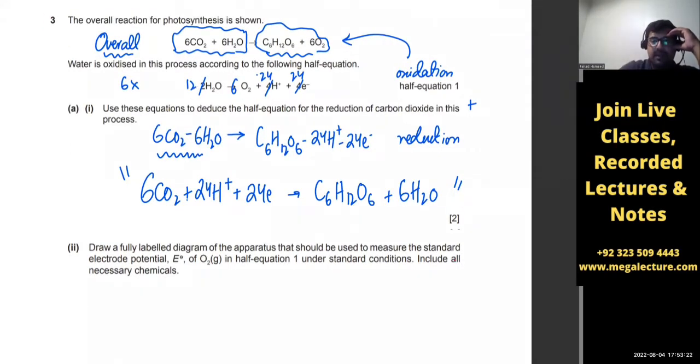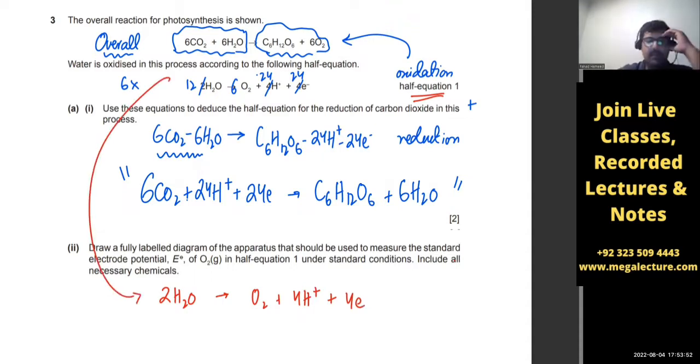Let me rewrite this equation: 2H2O forms O2 plus 4H+ plus 4 electrons. So that's our half equation 1.